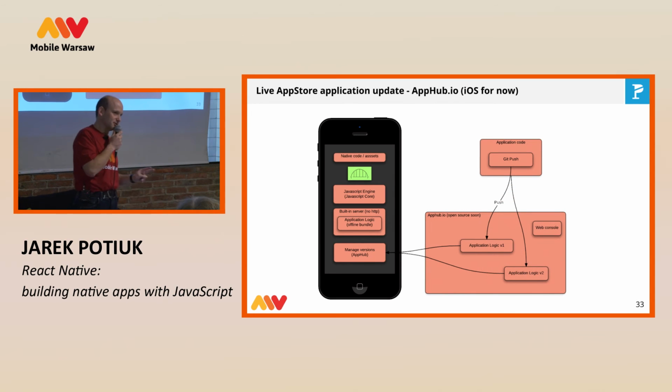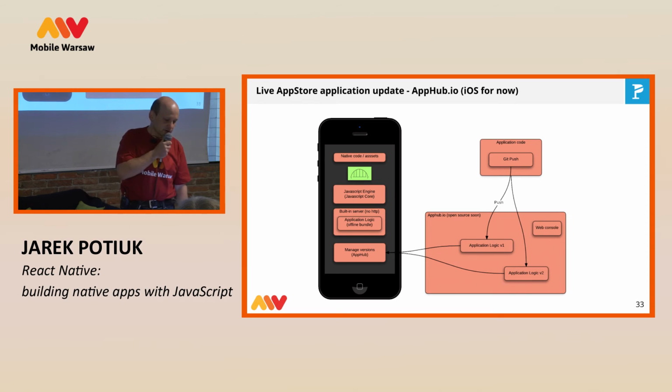then, if you want to run it in production, that's even more interesting, because somebody already implemented a service called apphub.io, so far only for iOS, where your code is actually pushed to Git. They download it there and make a bundle.